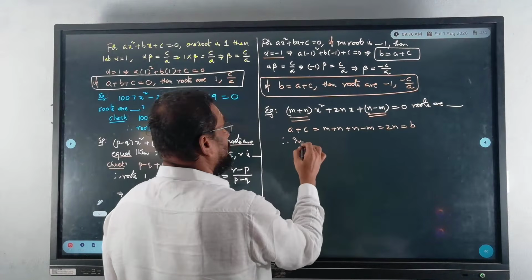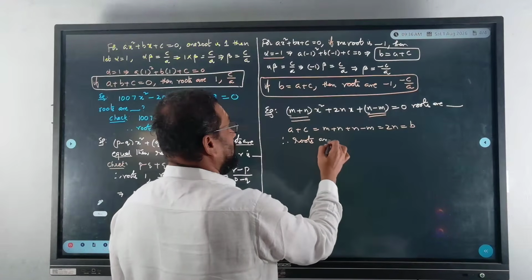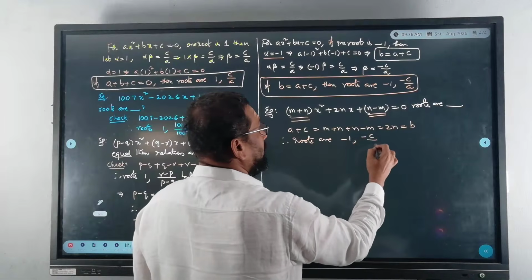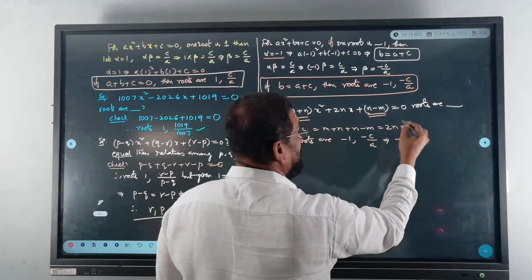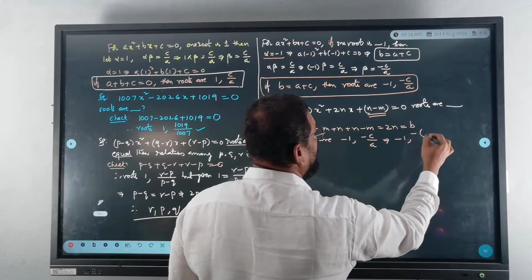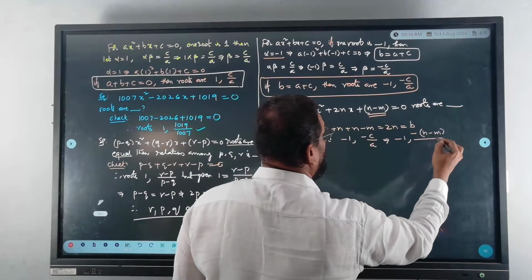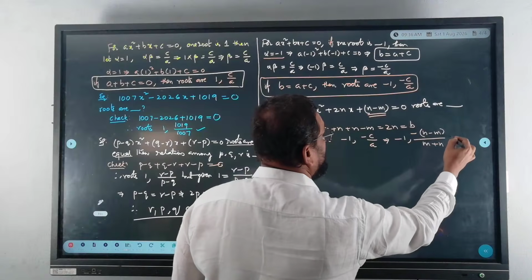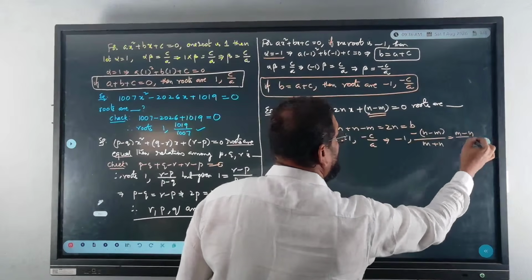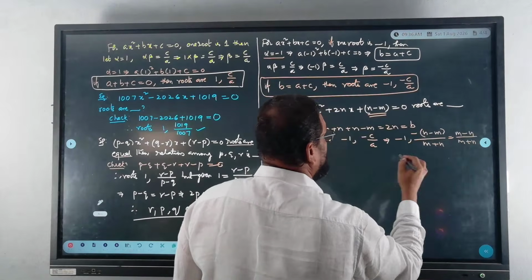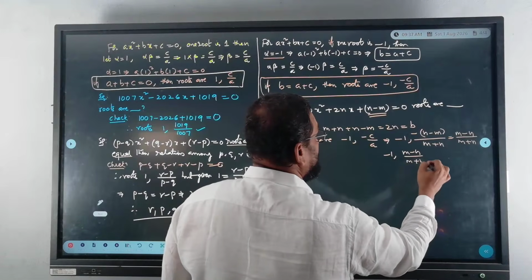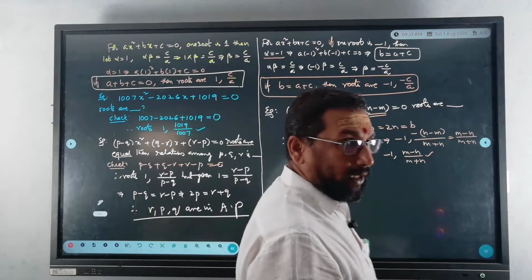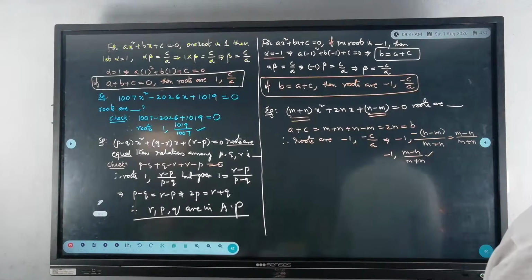So therefore roots are minus 1 comma minus c by a, minus of n minus m by m plus n. This is m minus n by m plus n. So minus 1 comma m minus n by m plus n are the roots. Okay, so by using the shortcut we can do it.